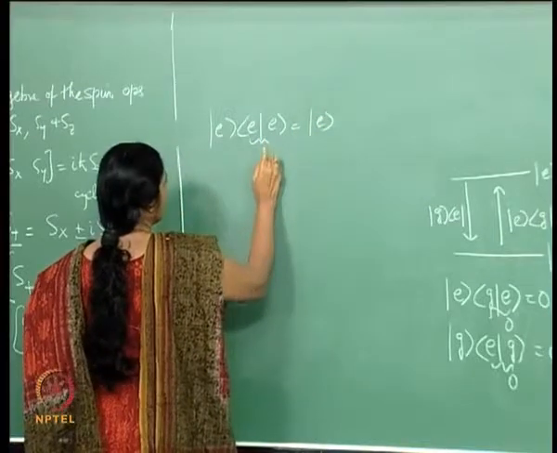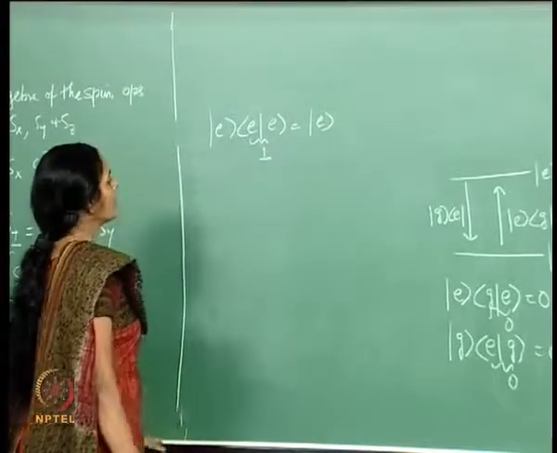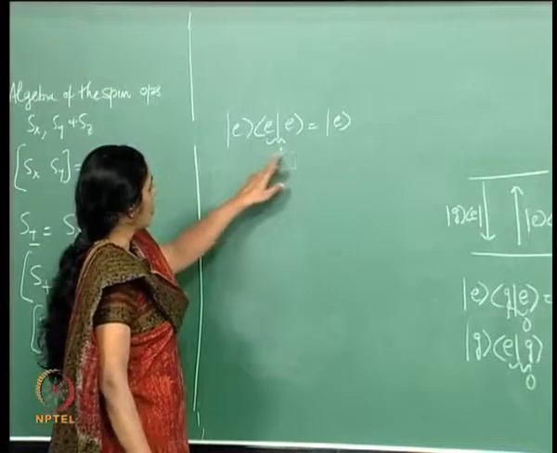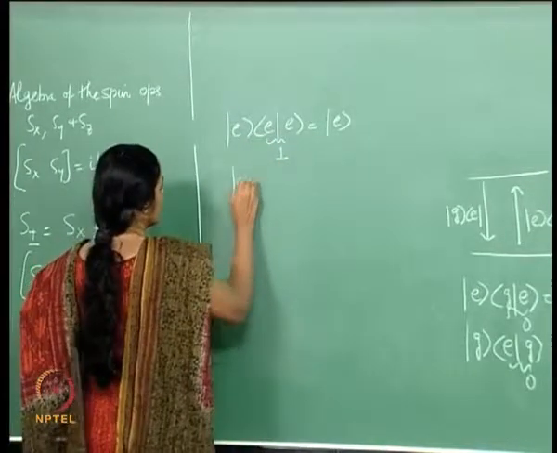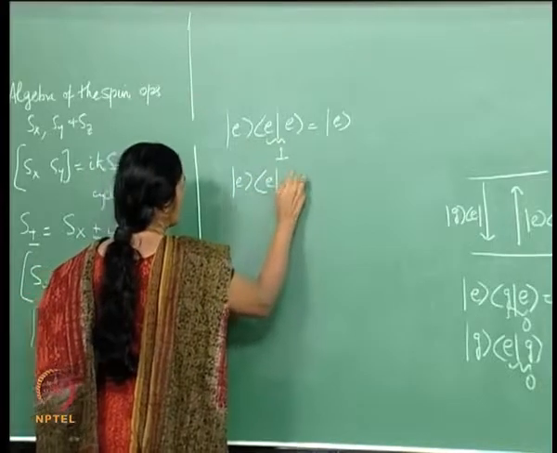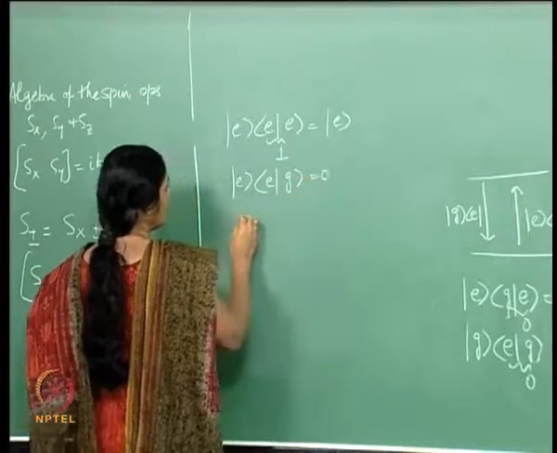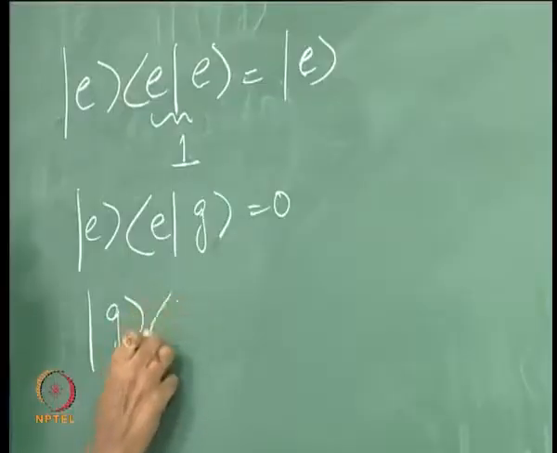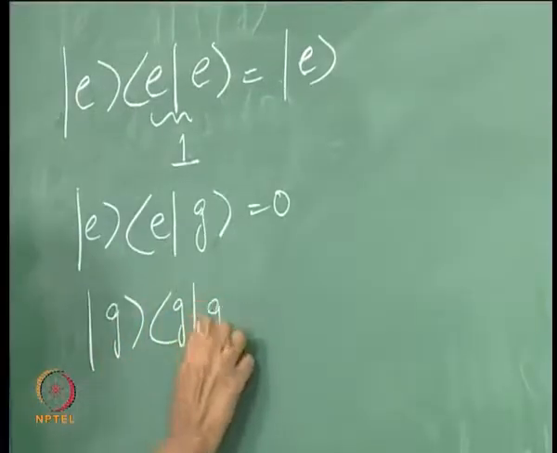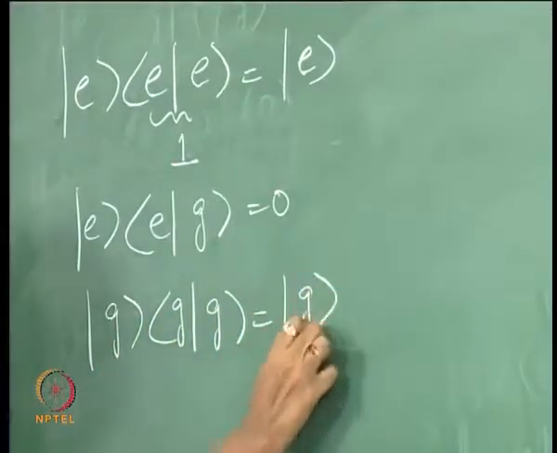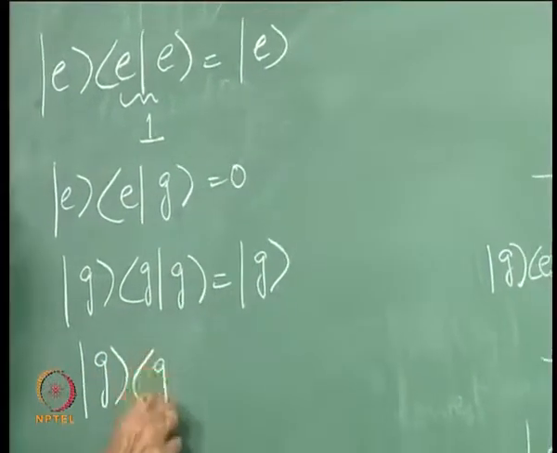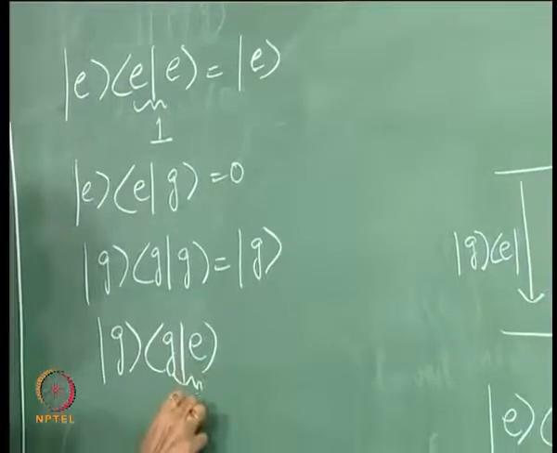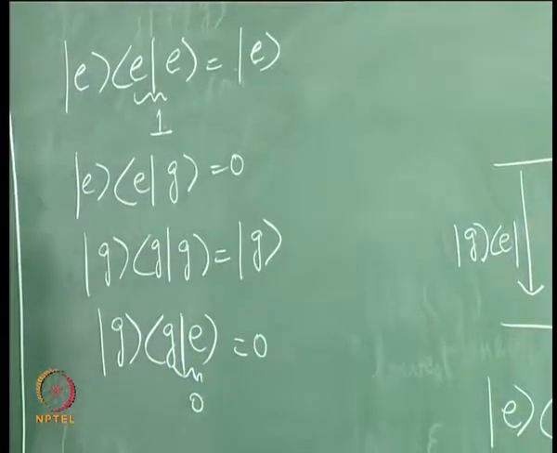It's clear that because |e> is a normalized vector, normalized to 1, you just retrieve ket e, and when |e><e| acts on |g>, that is 0. Similarly, this operator acting on |g> gives me the same state, and this operator acting on the first excited state gives me 0.